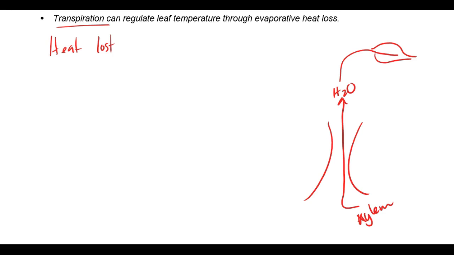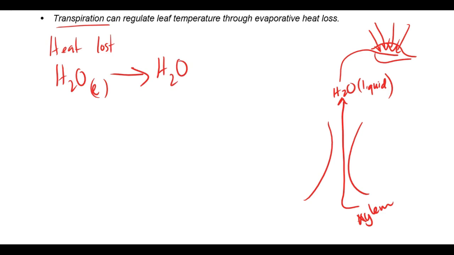Now, that water is in liquid form as it goes up the tree. However, when it gets up to the top there, if there's lots and lots of light heating up that leaf, the very first thing is that the liquid water is going to start to evaporate. In other words, it's going to convert and change into a gas, and it does that by absorbing some of the heat.